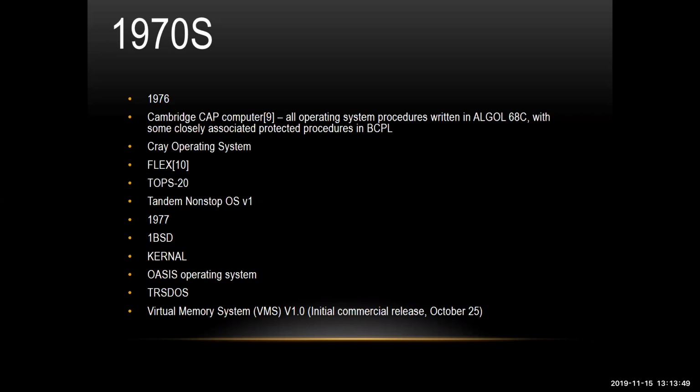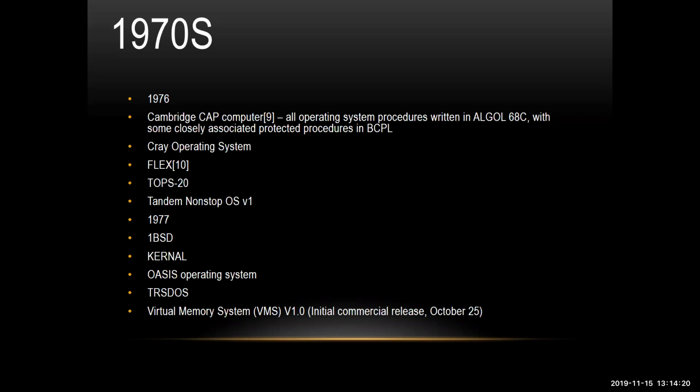And then we had Tandem NonStop OS version 1. It was intended ideally for ATM networks, banks, stock exchanges, telephone switching centers, and other similar commercial transaction processing applications requiring maximum uptime and zero data loss.